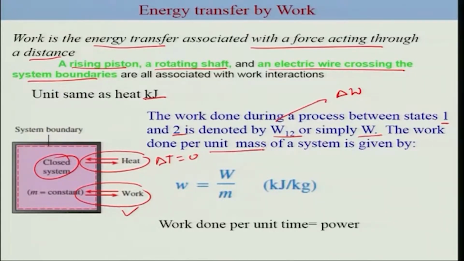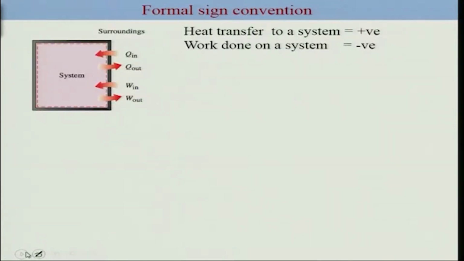The work done per unit mass is given by the simple division of W by mass, and will be written as small w. And the work done per unit time is nothing but power. So the work or heat has a direction, and we need to provide the magnitude as well as direction to provide a complete description. So we are going to discuss now a formal sign convention.